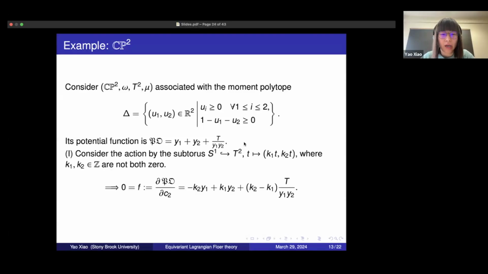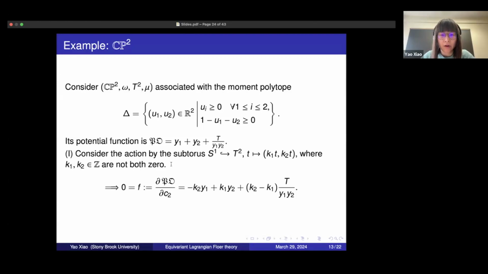We can consider the subtorus action by a sub S^1, where S^1 embeds into T^2 in the following form: t is mapped to (k1 t, k2 t), where of course we don't want to consider the trivial subtorus, so k1, k2 are not both 0.